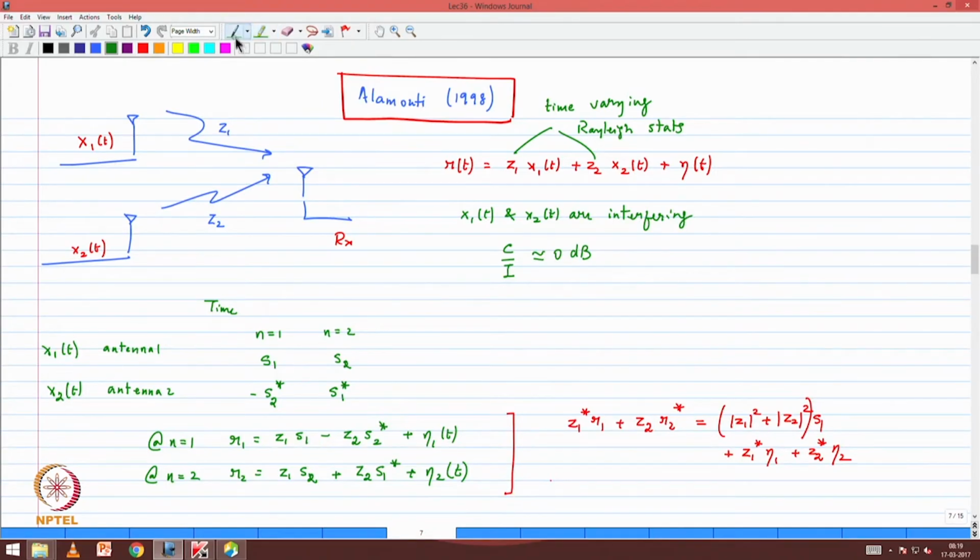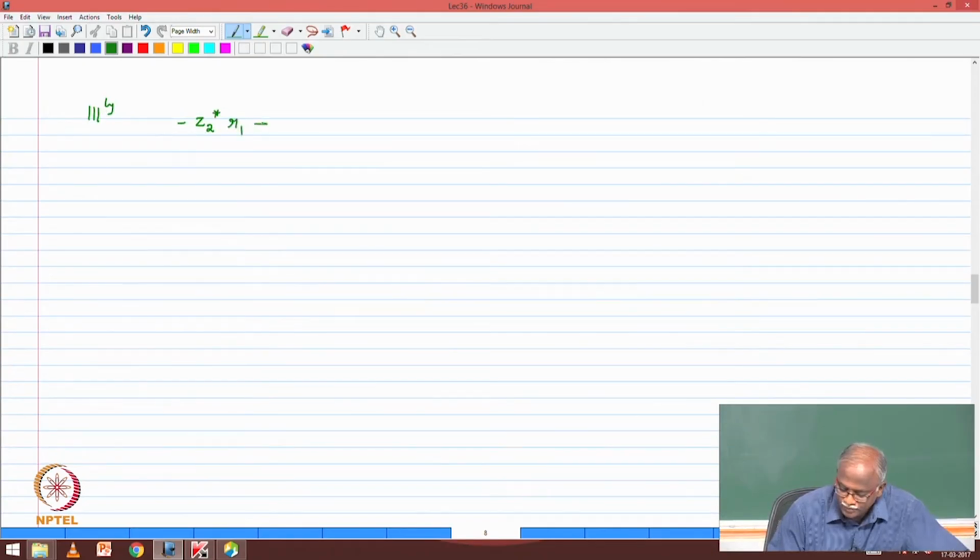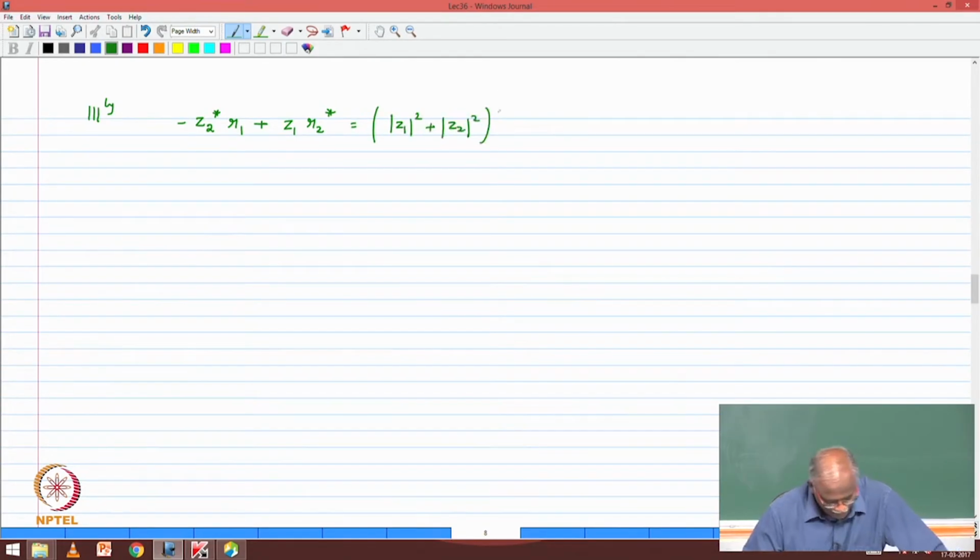So this is where we pick up our discussion today, and we write down the second of those 2 equations. In the same manner as the previous one, where we managed to get S1 out of the 2 equations, if you do minus Z2 star times R1 plus Z1 times R2 conjugate, what you will find is that you will get mod Z1 squared plus mod Z2 squared times S2 conjugate plus 2 noise terms.